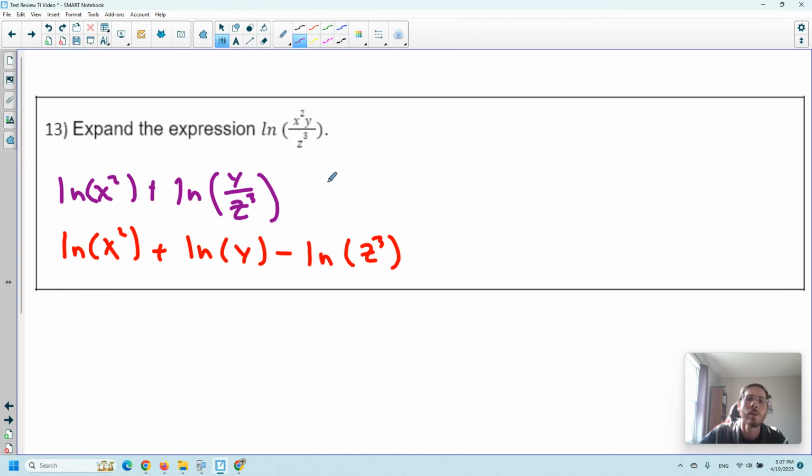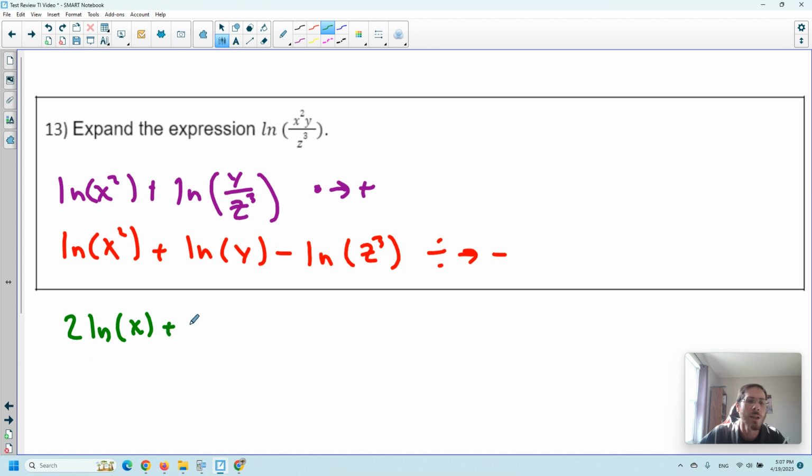Let me make little notes here. I'm turning multiplication into addition, and here I'm turning division into subtraction. Third rule was we wanted to turn all the exponents into coefficients, so exponents to multiply.